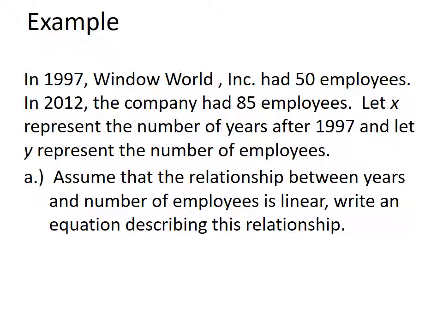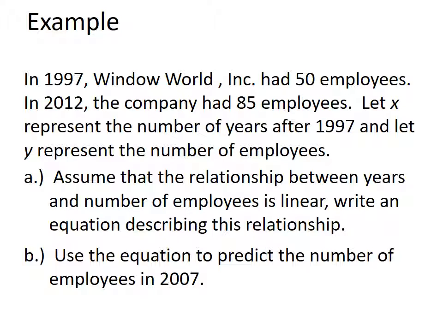So we're going to make an assumption that it's linear, that it's constantly changing at the same rate each year. And we're going to make a prediction of what the number of employees will be in 2007.